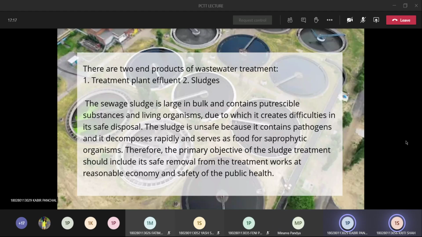If we treat this kind of sludge, it is going to help us as a fertilizer, because after treatment, almost 60 to 70% of water can be removed from the sludge, which is going to help in improving the quality of the sludge, which will eventually help us in further use.